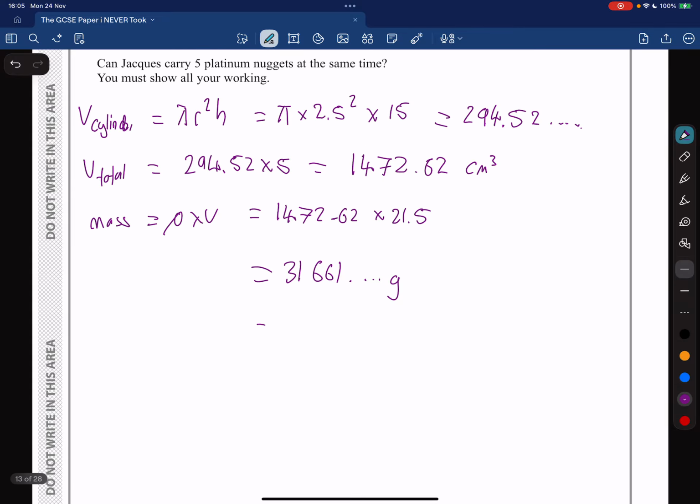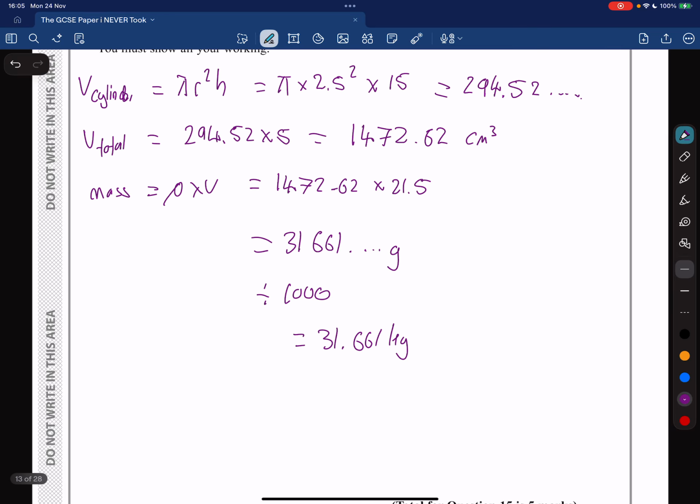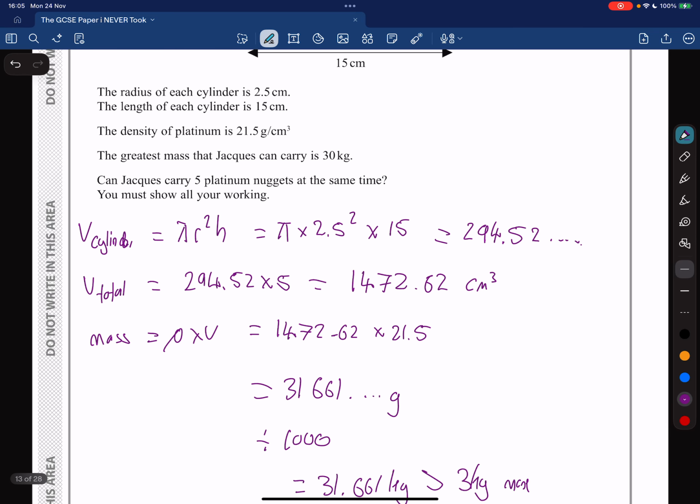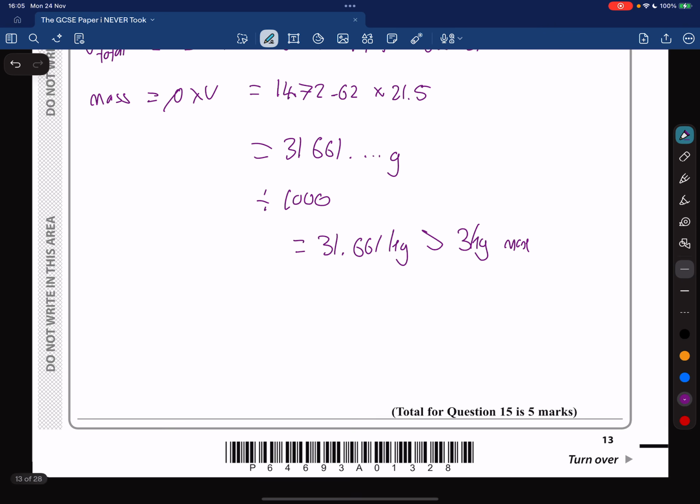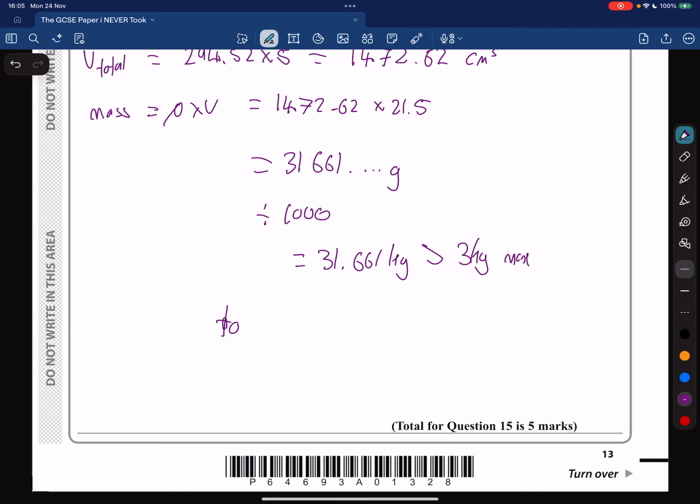And then we divide by 1,000 to get to kilograms, which is equal to 31.661 kilograms, which is greater than 30 kilograms max, so he cannot carry it because it weighs too much. Too heavy.